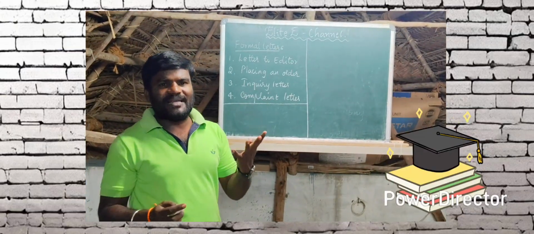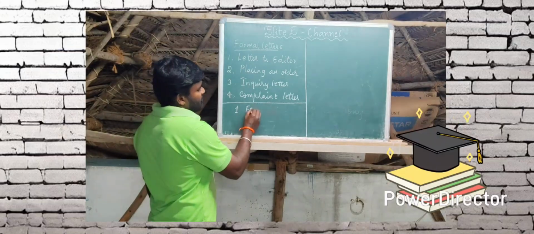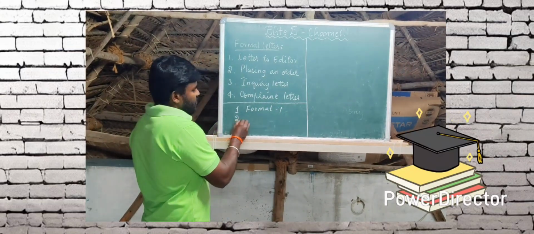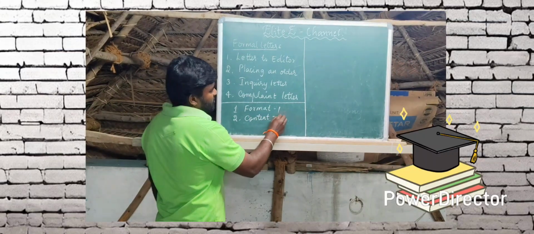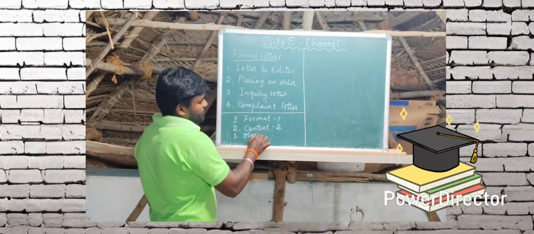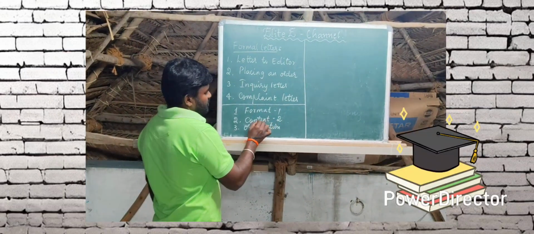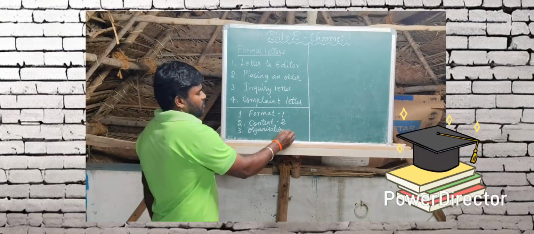There will be 4 criteria. The very first one is format, which consists of 1 mark. The second one is content, which carries 2 marks. The third one is organization of the points, especially the main body of the letter, 1 mark.